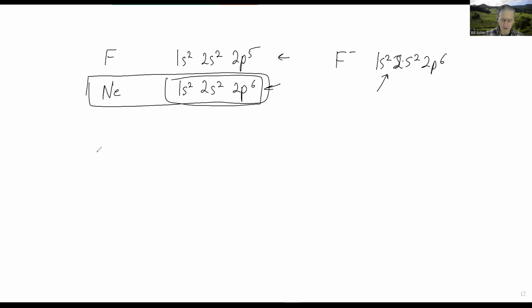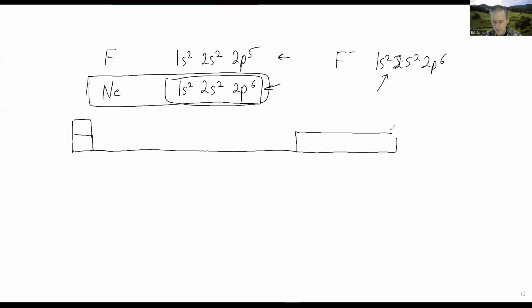So things to the right of the periodic table tend to gain electrons and become anions. For example, if we look at the top two rows of the periodic table, up here is helium, and then we have boron, carbon, nitrogen, oxygen, fluorine, and then neon.